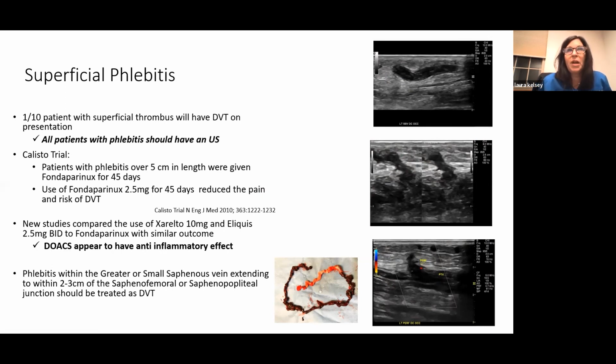If the phlebitis extends up to the common femoral or the popliteal, I tend to treat them as a DVT. You'll also find that the DOACs have a nice anti-inflammatory effect, so starting these patients on those will help with the inflammation and dial down their pain. And then I think Peter mentioned in that lecture by Eddie too, don't be afraid of doing a thrombectomy if patients are super symptomatic. We got a ton of clot out of this guy. Helped him a ton.